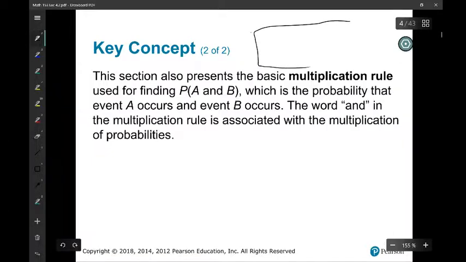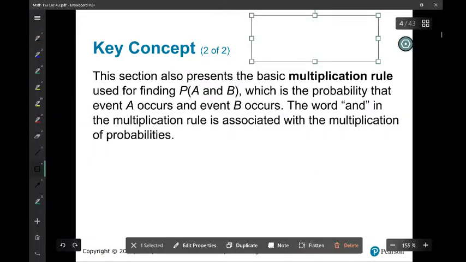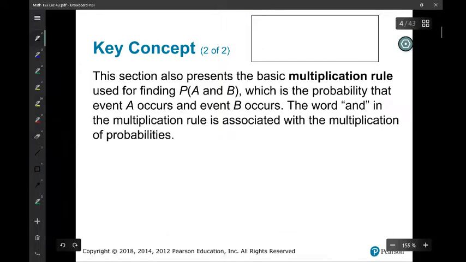So in an event diagram depiction, if this is event A and this is event B, then we're interested in the intersection of the two.